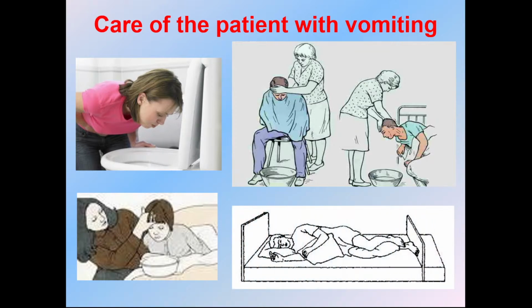After vomiting, we again keep the patient on his side because vomiting may be repeated, and this will prevent asphyxia with vomitus. Under the head of the patient, we can put some cloth, it may be polyethylene or rubber cloth, and put a basin under his bed.